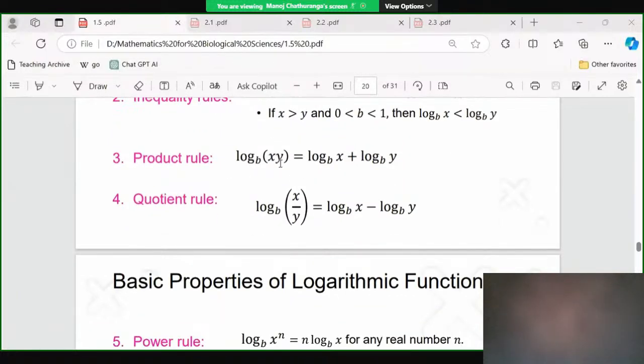Then the product rule. Remember, b to the power x times b to the power y equals b to the power x plus y. That means when the bases are equal, exponents get added in the multiplication. So that rule reflects as a property of logarithms. Log of a product is the sum of logarithms.